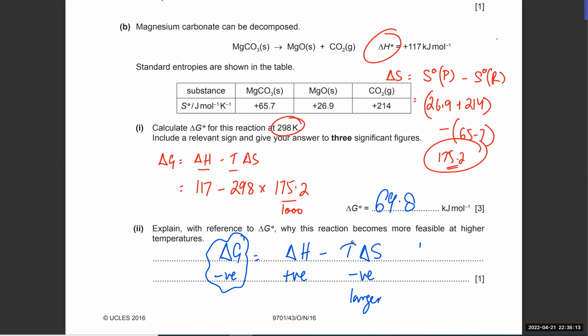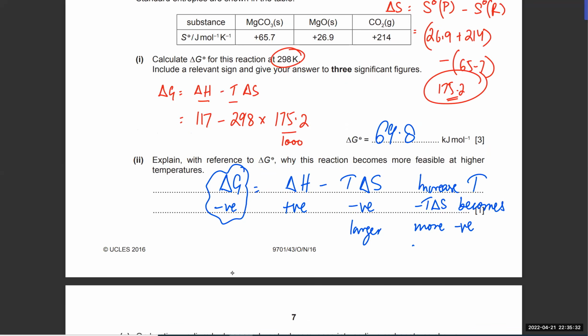So if you increase temperature, you're going to write that the reaction becomes more feasible: minus T delta S becomes more negative with a higher value of T. And if it becomes more negative, the overall delta G would become more negative, so the reaction becomes more spontaneous or more feasible.